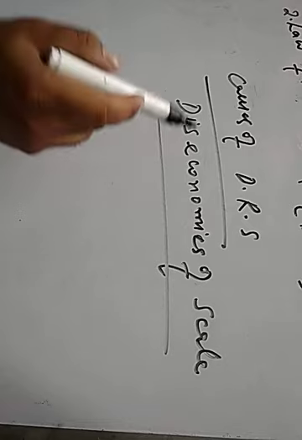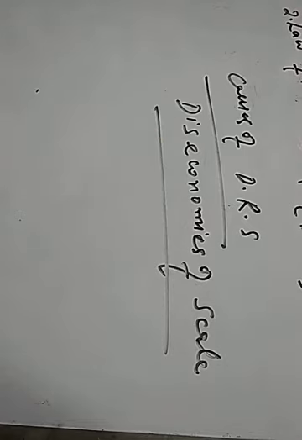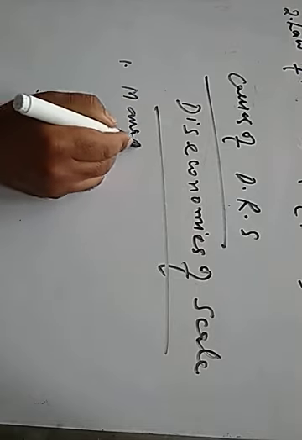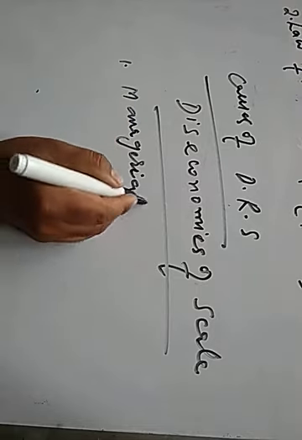What are the diseconomies of scale? In which form are these available to the firm, which leads to decreasing returns to scale? Number 1, managerial diseconomies.